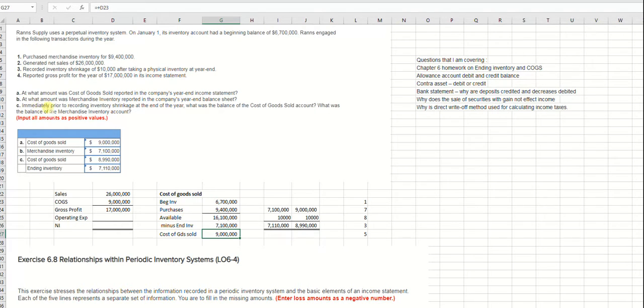Okay, now what they're asking, the next one: immediately prior to recording the inventory shrinkage at the end of the year, what was the balance in the cost of goods sold account? So I know that I ended up with 7,100,000 right there. I'm just bringing that number there. So this is my ending inventory, and here's my cost of goods sold.